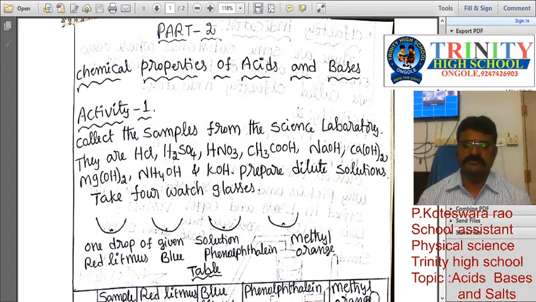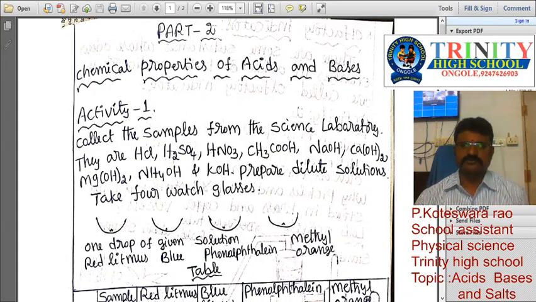After that, natural indicators, artificial indicators, how the natural indicators are prepared, and finally the properties of acids and bases.